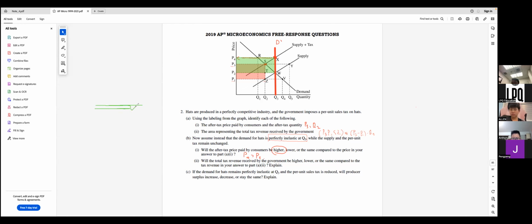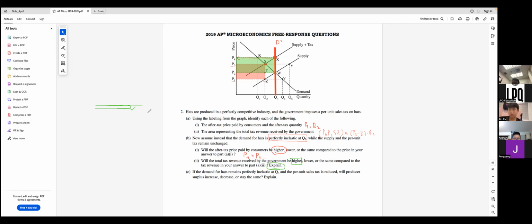Yeah, that's totally right. This is how you explain why the tax revenue, the green area, when the demand curve is perfectly inelastic is higher. Yeah, this is how you can explain this.